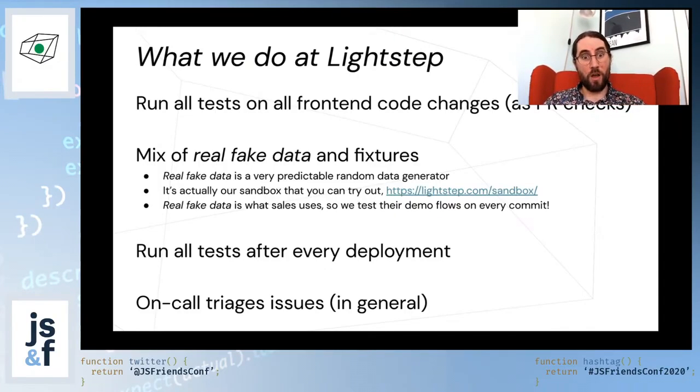It's what our salespeople actually use, and our Cypress tests use that too. So when we test our software using Cypress, we're also testing the demo flows that the salespeople use, and that's been really great for ensuring that we have a lot of confidence.